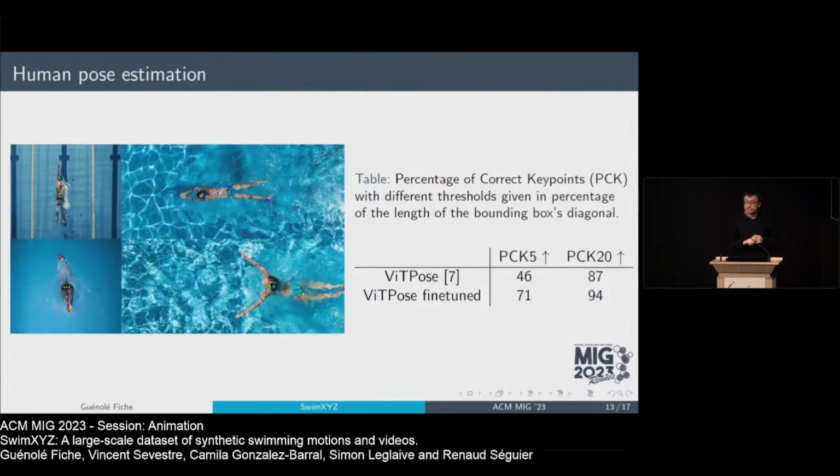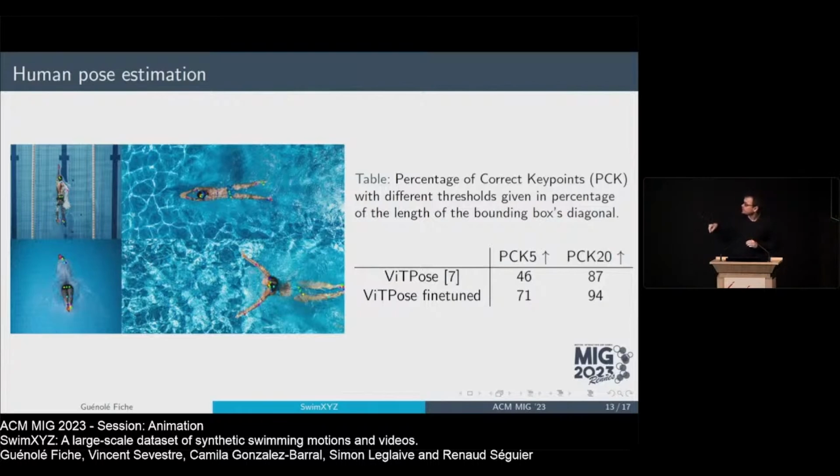And we also use it for human pose estimation. So first on the right, you have a table with results using ViTPose. So we fine-tuned the model on one of the swimming strokes. I think it was freestyle.